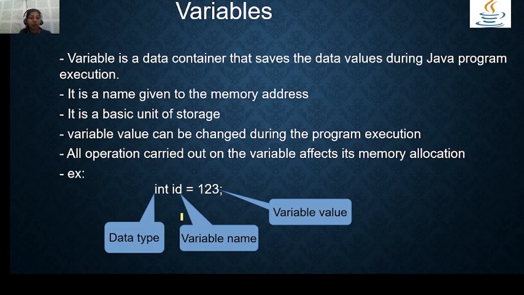It cannot be stored as a char also, because it is not one character. So name is the full string. So string name is equal to xyz. So here the variable name will be name, data type will be string, and value will be xyz. Okay, got to know how variables are defined.